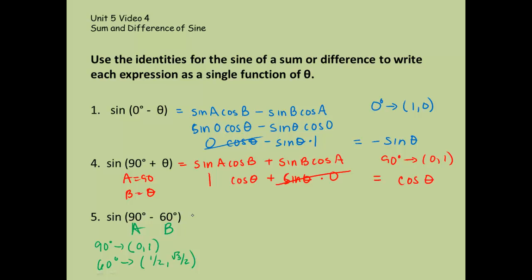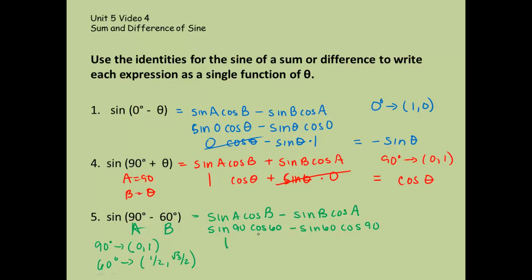So to write this out, I will have the sine of A, cosine of B, using subtraction, sine of B, cosine of A. And now I can start substituting my numbers in. So if I want to write it out using A and B and replacing them, it might help you. So I'm going to take that extra step here. So this is the sine of 90 and the cosine of 60 minus the sine of 60 and the cosine of 90.